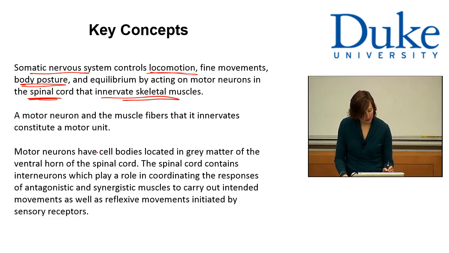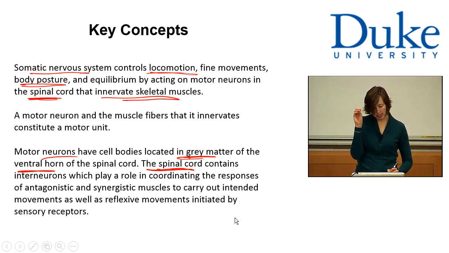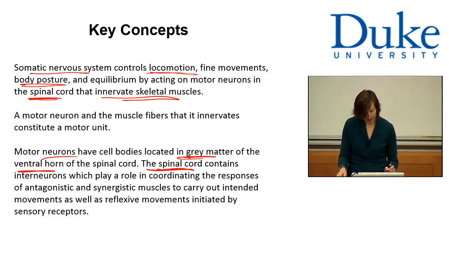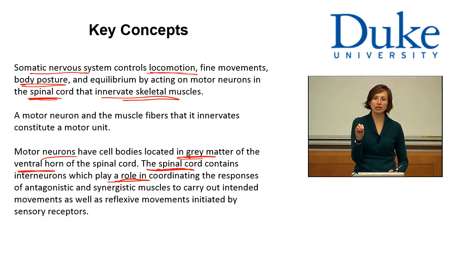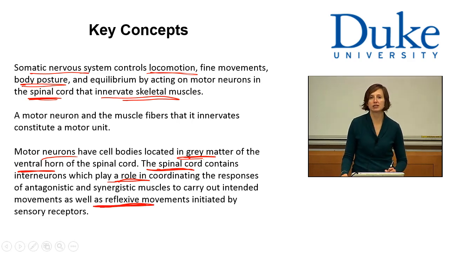And we're going to have these motor neurons in the gray matter of the ventral horn of the spinal cord. And then we mentioned just briefly, but we'll talk more about it, the interneurons in the spinal cord and how they are going to be important in coordinating responses and integrating information. And this is a subject that we're going to really focus on in the next section in terms of talking about how we make reflexive movements.